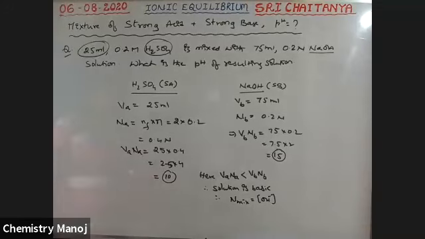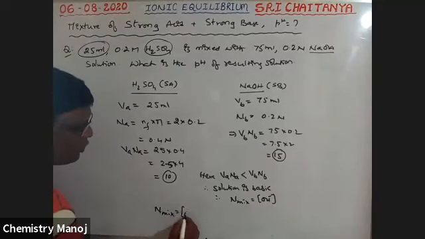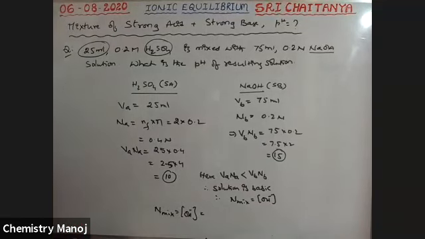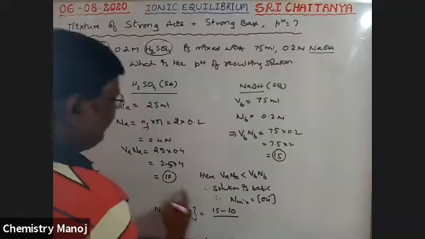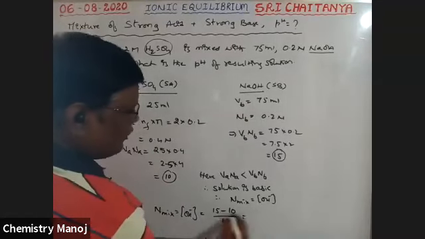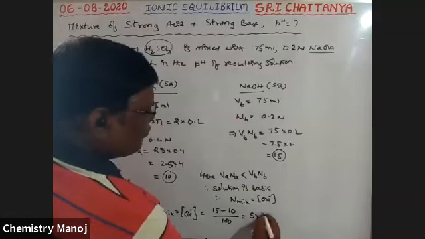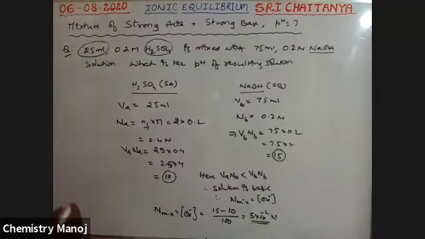Which one is more? VB NB. That is 15 minus 10 by VA plus VB, that is 25 plus 75, 100, which is equal to 5 into 10 power minus 2 normality. It is OH minus concentration, boys.